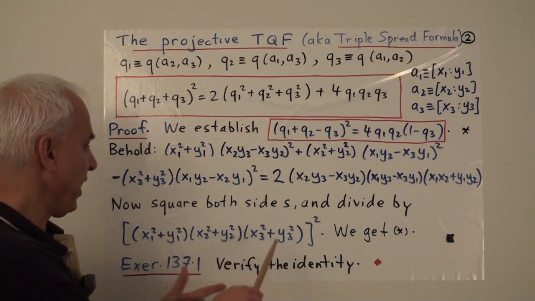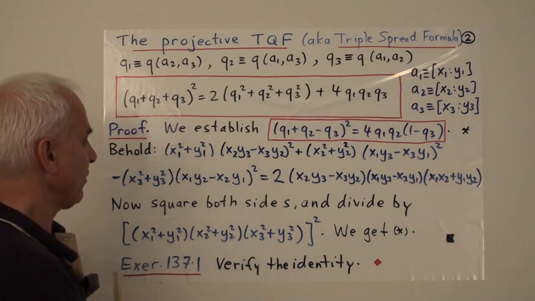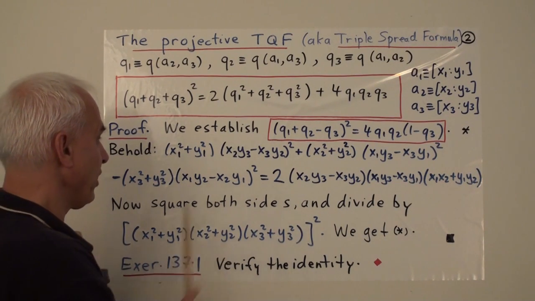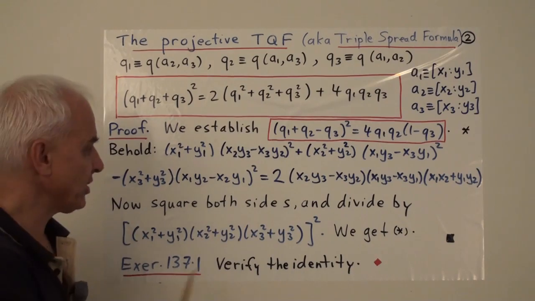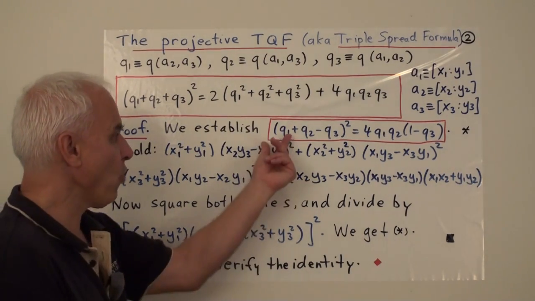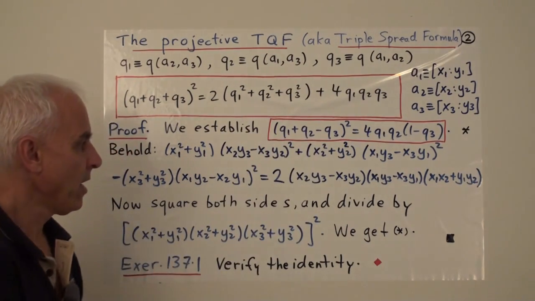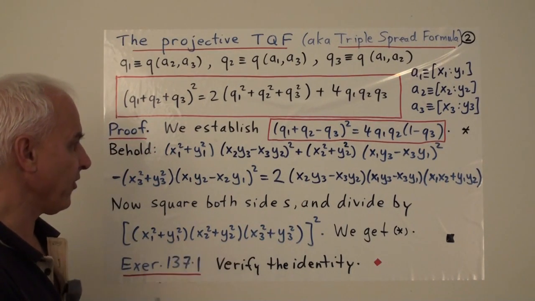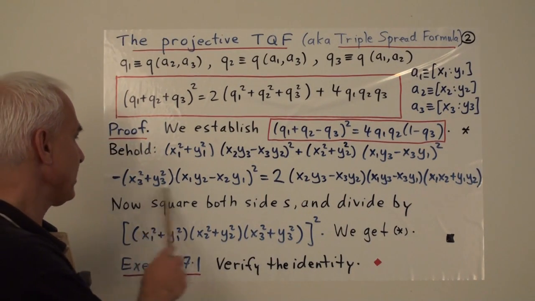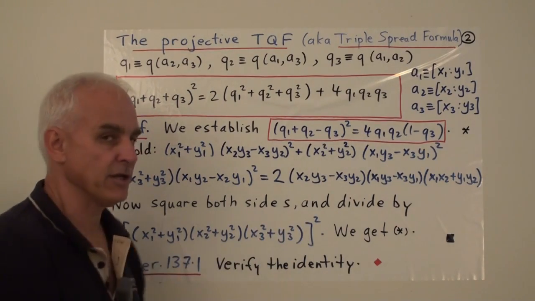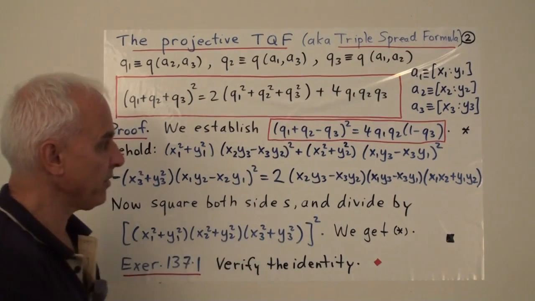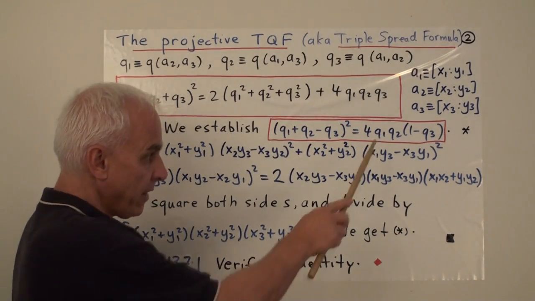So we take the whole thing and divide by these 3 products, then the x1 squared plus y1 squared here will cancel with this one here, and we'll just end up with a Q1 inside the bracket. This term similarly is giving us the Q2 after we divide by this thing, and this thing here giving us the minus Q3.